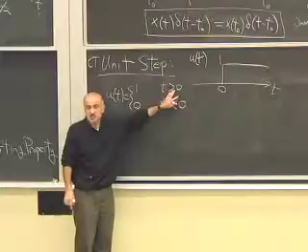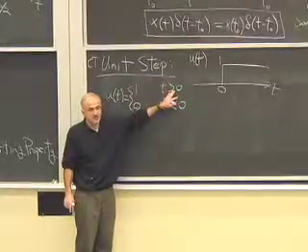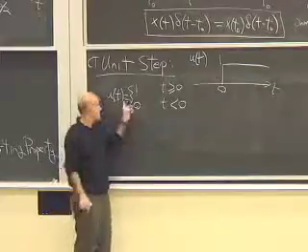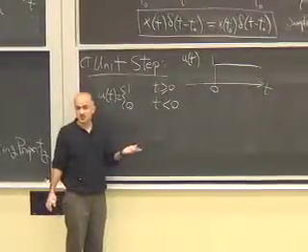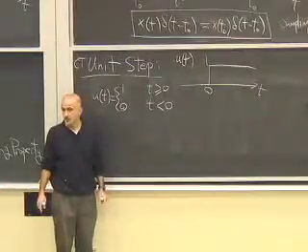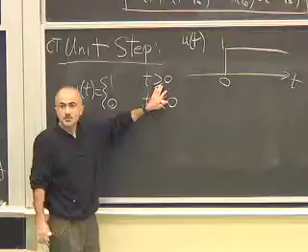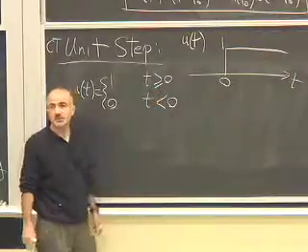Technically speaking, that's problematic. Why? Because if this is to be a function, it's got to tell me what it's going to do to every element in its domain. And to skirt that issue, we'll just put an equality sign.